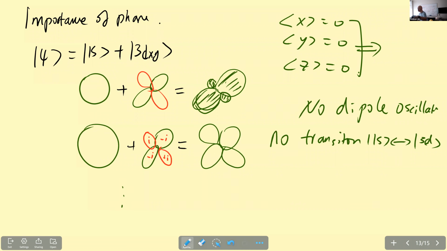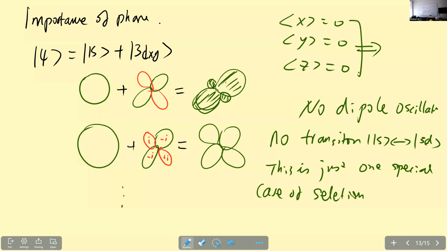Actually, you can apply this one to all the other ones. Okay, but this is just one special case of the selection rules in atoms.